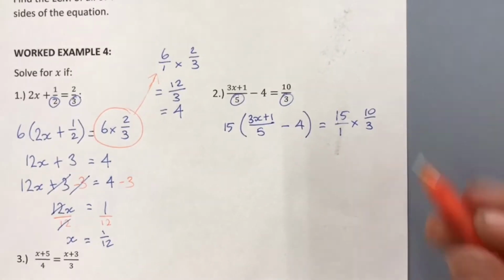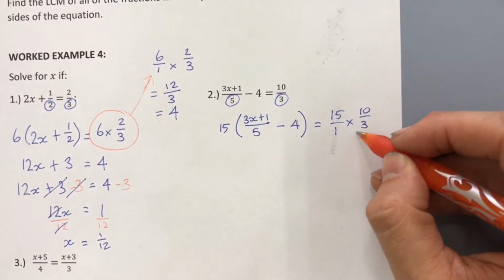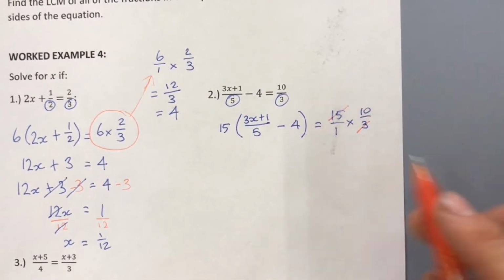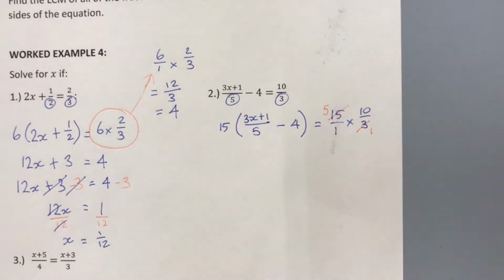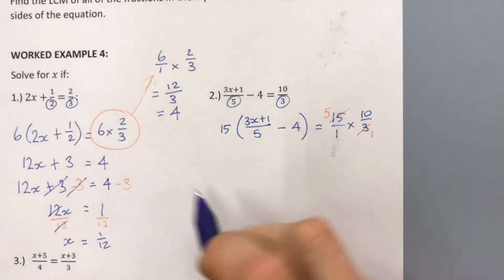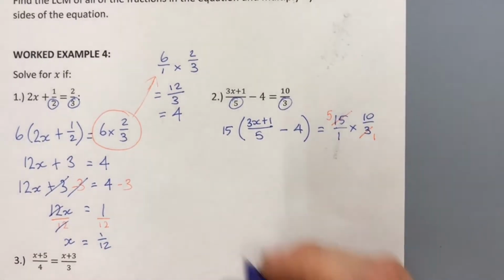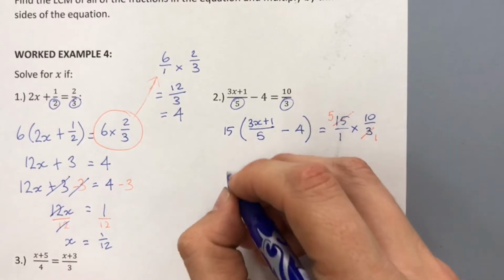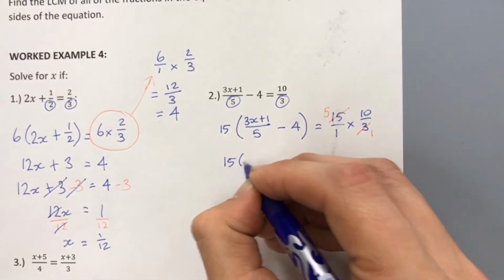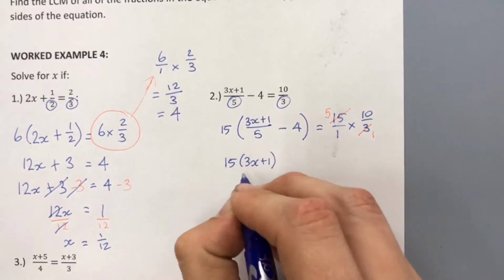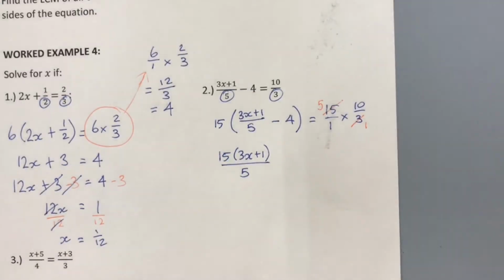What that lets us do is if we work with this part here first, we can cross cancel across this, okay? 3 divided by 3 gives us 1, 15 divided by 3 gives us 5. So we can cross cancel across our fraction there and make that multiplication a little bit easier. Up in here, same thing's going to happen. We're going to multiply this first term by 15. So we're going to get 15 multiplying your 3x plus 1 all over 5.